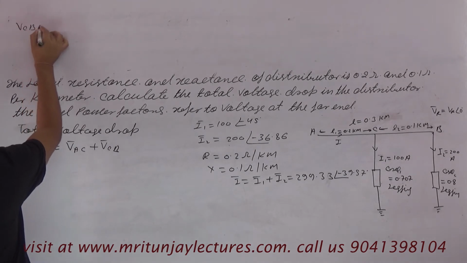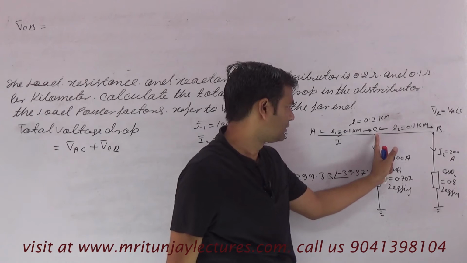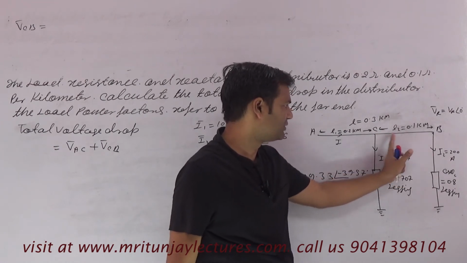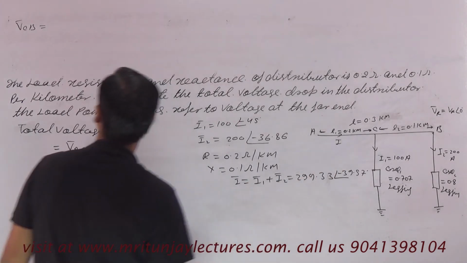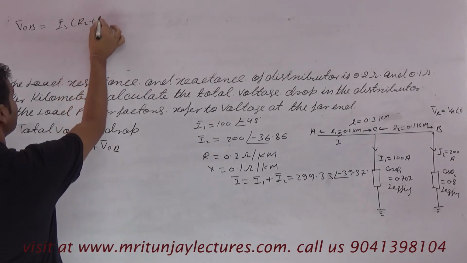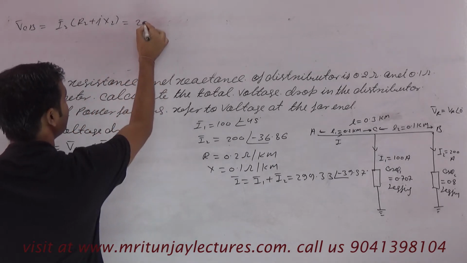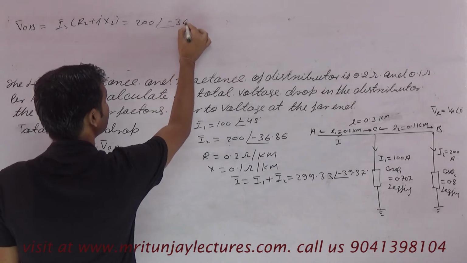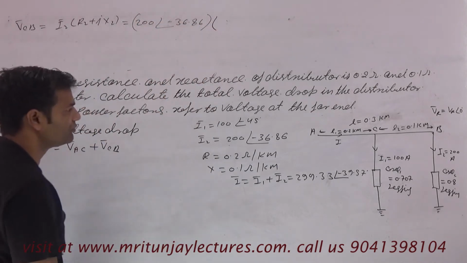CB is I2 into the impedance, I2 into R2 plus jX2, and I2 is written as 200 at the angle minus 36.86 into R2.